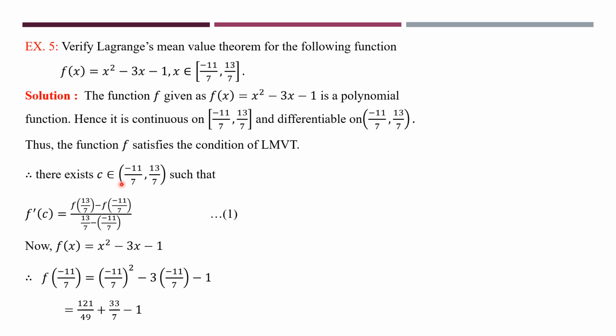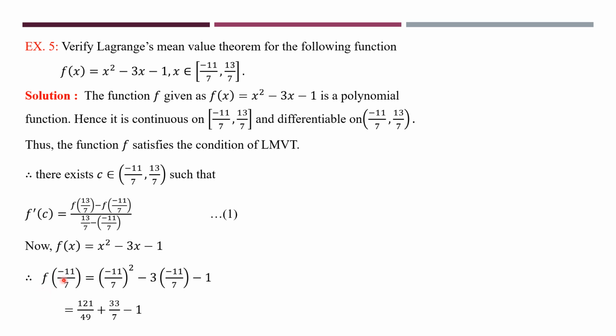Then there exists c belonging to this open interval such that, by the formula, f dash of c equals f of b minus f of a divided by b minus a, putting the values of b and a, denoted by equation 1. Now f of x equals x square minus 3x minus 1.